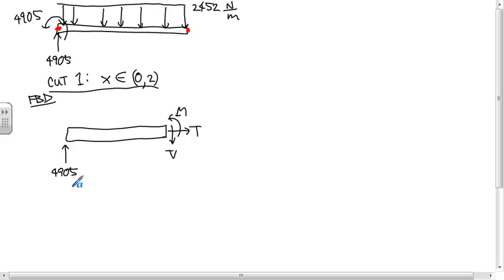We know that the length is x for some x value between 0 and 2. And so what do we know about the weight force? Now we've isolated it, so once you've isolated it, you can treat it as a point force. If anyone comes up with this, I'm going to be so happy.